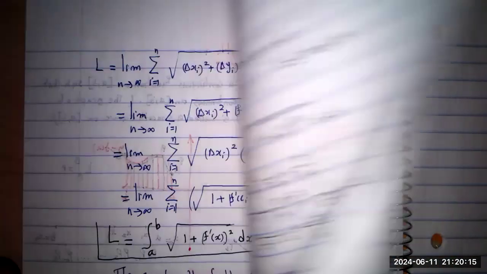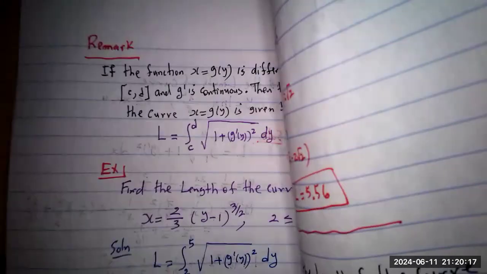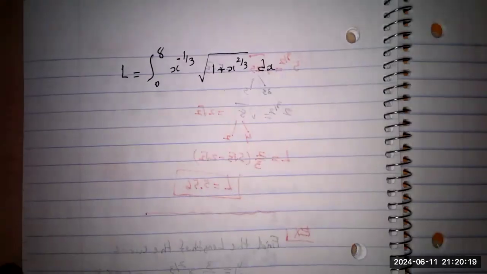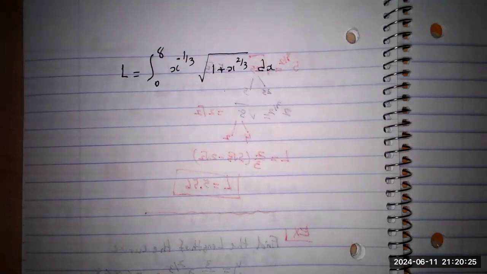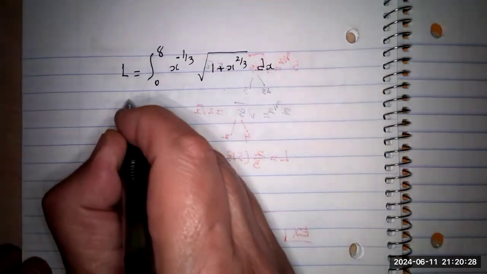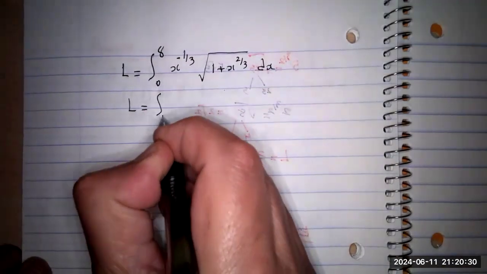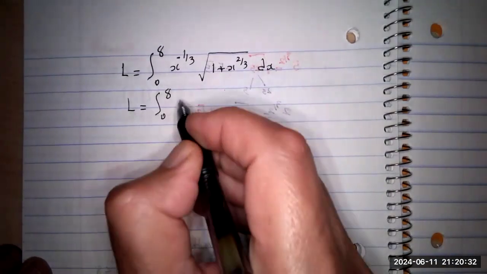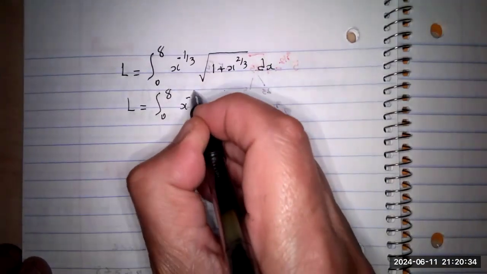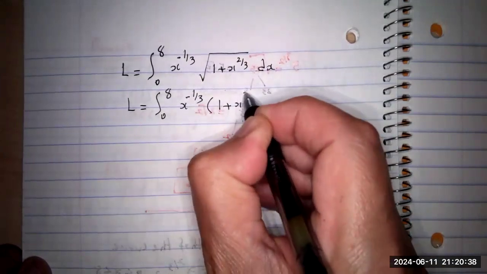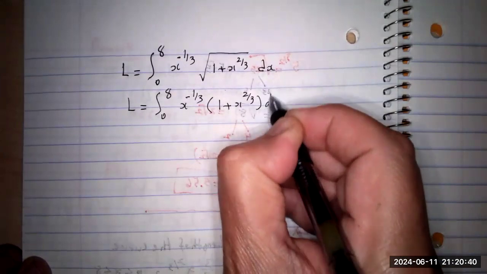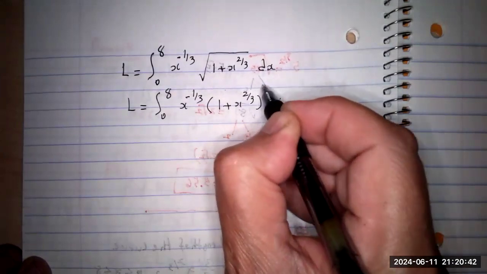Let's just check it. That is the case. Now you want to find this integral, you know to use substitution. You have to change this radical. Check to see if you can do it with the new substitution. From 0 to 8, x to the negative 1/3 times 1 plus x to the 2/3, to the 1/2, dx.